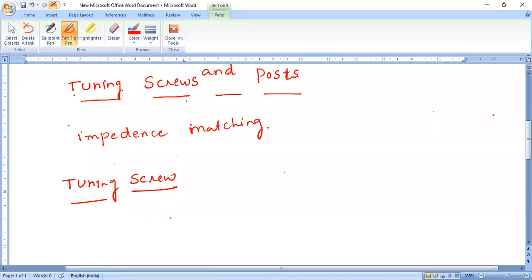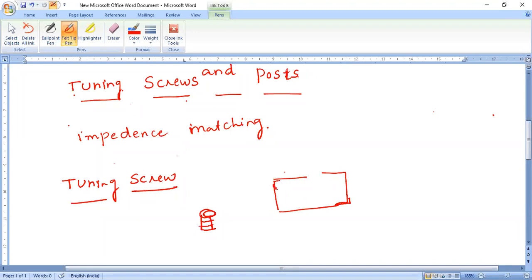A screw is something like this, with some threads like this. A screw is a metallic thread and it is inserted. So if I take the waveguide, I'll close.